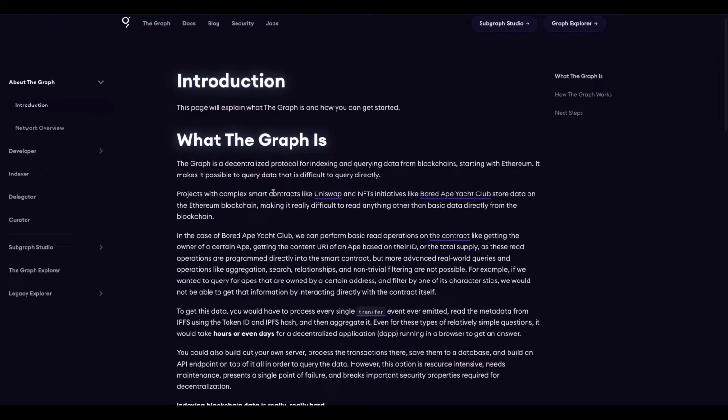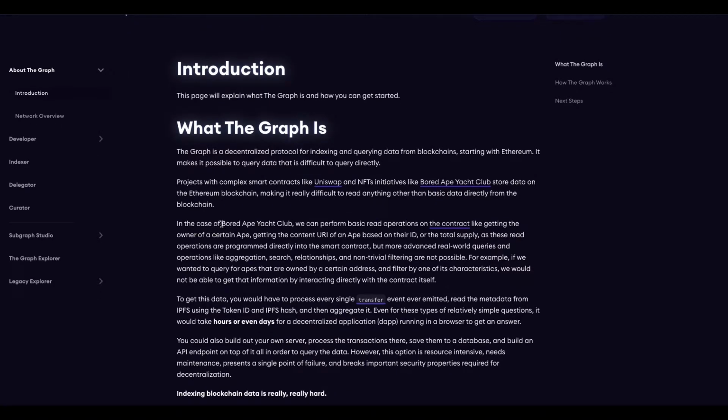They use examples like Uniswap and NFTs that are complex. Their smart contracts are complex, and because of that, it is really difficult to read data that is beyond basic.